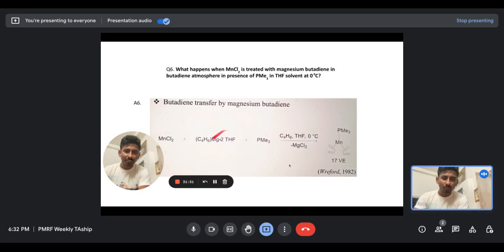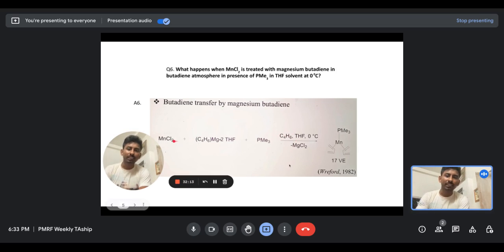Magnesium butadiene is actually a very well known system capable of transferring this butadiene. Also PMe3 is given here to actually make the compound electronically saturated, where the product would otherwise be rather unstable. This 2 electron donor is also a phosphine moiety.